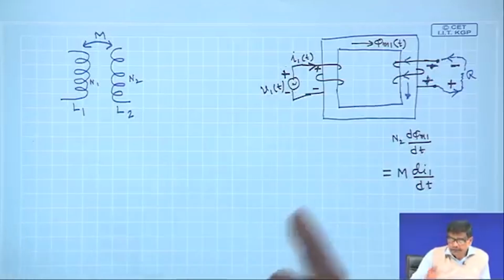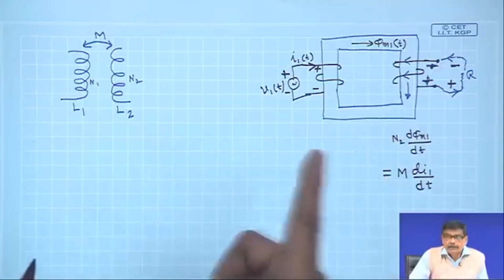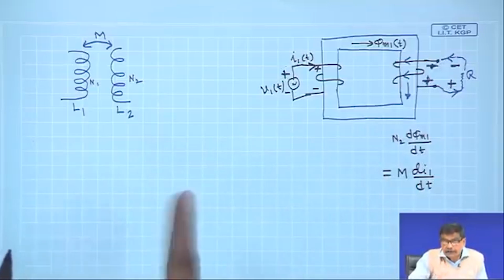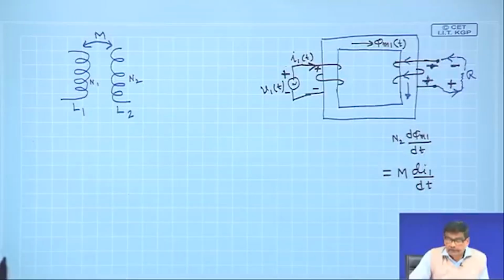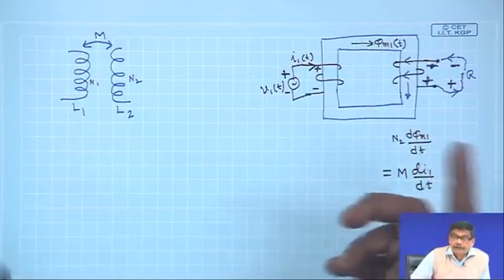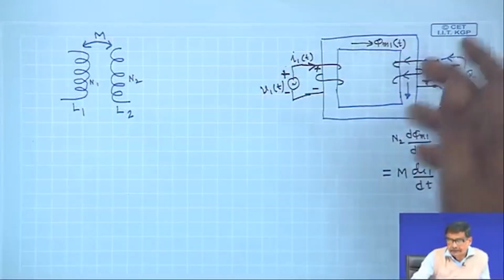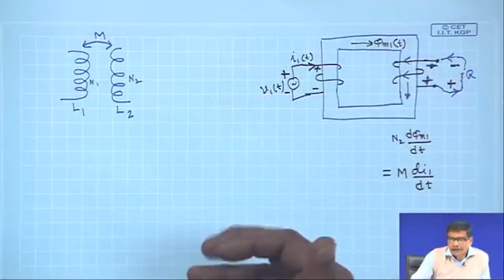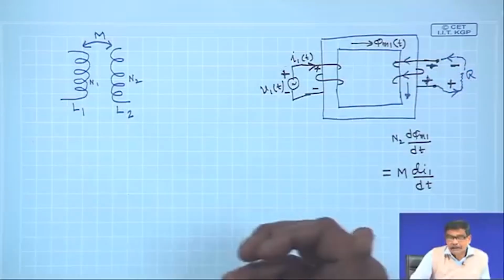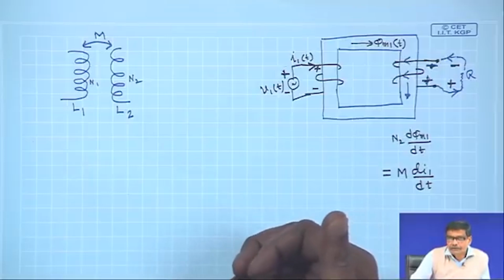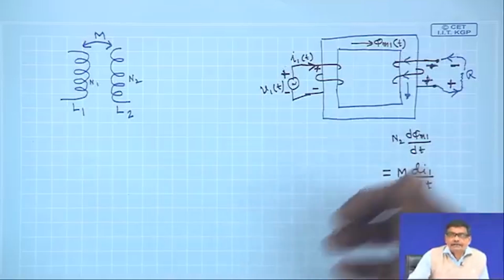The polarity of the induced voltage in this second coil should be such that, given a chance, it will try to act. What is given a chance? You have connected a resistance. So, you are giving a chance to that induced voltage to act.